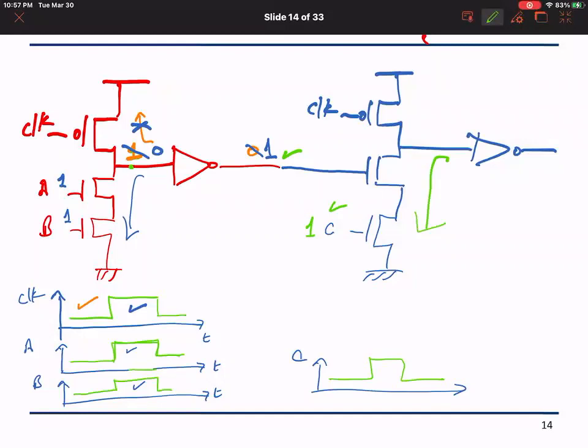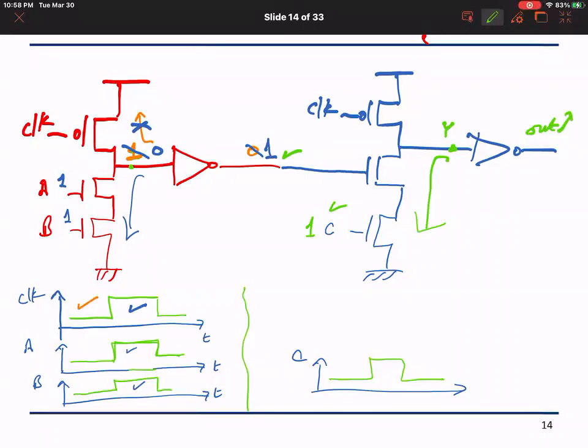Okay, so this is how the chain effect, how the domino effect happens. The evaluation of one stage due to A and B is going to result in an output that will be 1, which will also result in the pull down of another intermediate node, and therefore the rise of the output of the second stage.